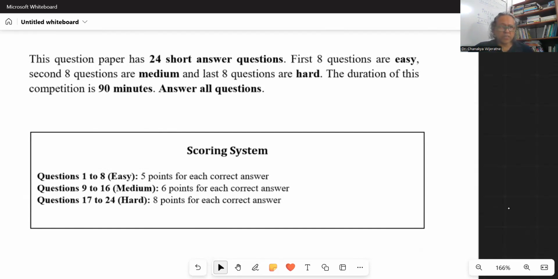So each easy question gets 5 points for the correct answer. And then the next 8 are medium questions, 6 points each, and the next 8 are hard questions and 8 points each, right?